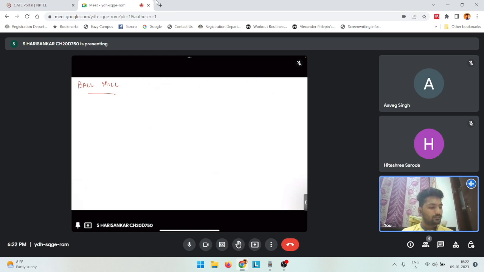So I'll draw a cross section of this. This is the side view or cross section view of the ball mill. So you have a huge cylindrical vessel, and inside this vessel you will have small balls.